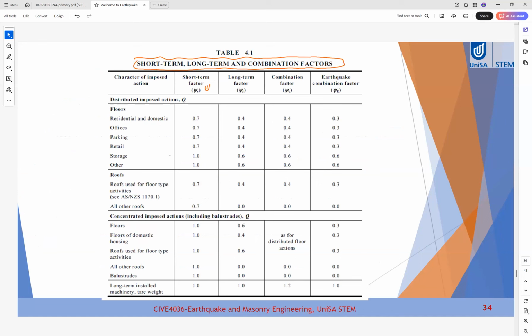So we have psi s for short-term, psi l for long-term, psi c for combination, psi e for earthquake combination. So based on what you are designing, floor or roof, and so on, you can find how much the factor is.